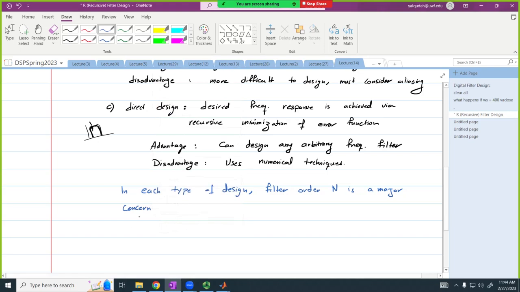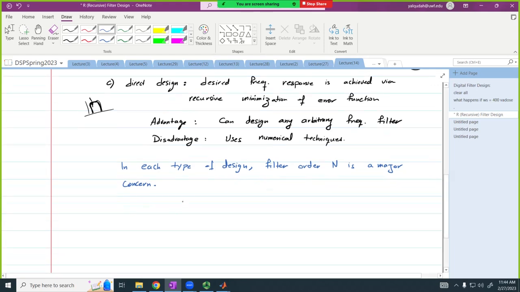If I have a higher filter order, I can meet tighter specifications at the expense of a more complicated filter. Does that make sense? So if you increase n, you can meet higher or stricter specifications at the expense of more storage and more calculations. And we'll see that when we're doing our filter design.